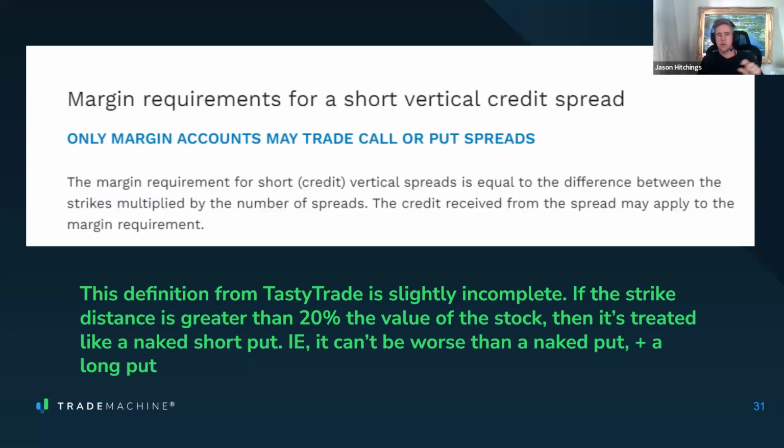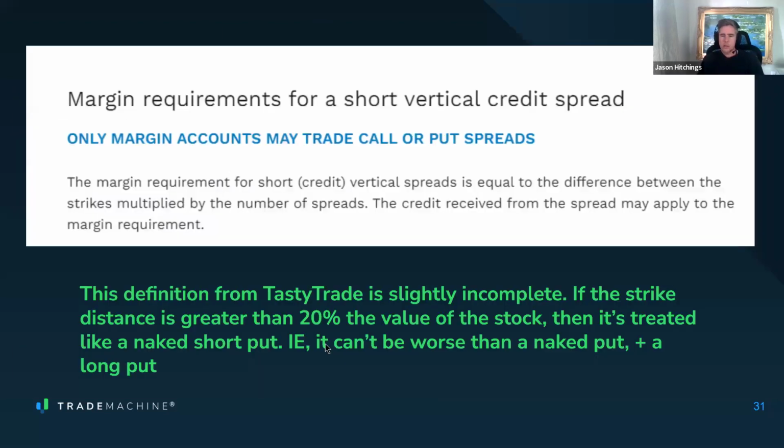So that was one small piece of information that was slightly incomplete. It won't be worse than just having the two positions independently. The protective put will never hurt you. Each brokerage has their own way of calculating it, but Reg T doesn't require that, and we don't ever have the risk worse than just having the two positions independently.